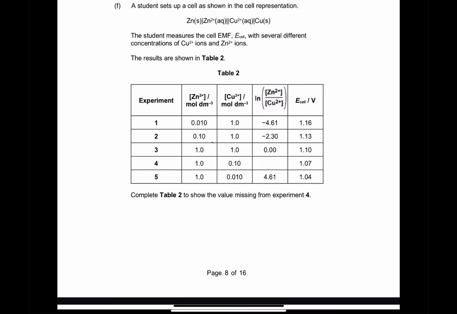Now I'm just looking at what the question is trying to tell me. It's trying to say the log of the concentration of Zn2+ over the concentration of Cu2+, which is 0.1, and that is 2.3, rounded. I can see a trend here.